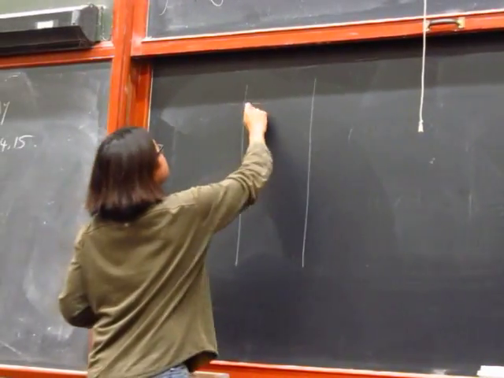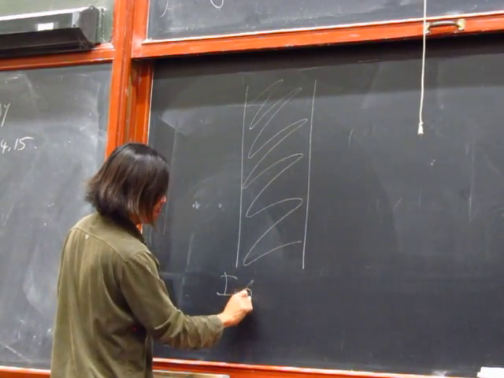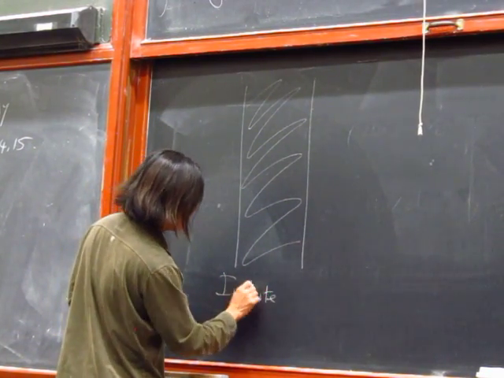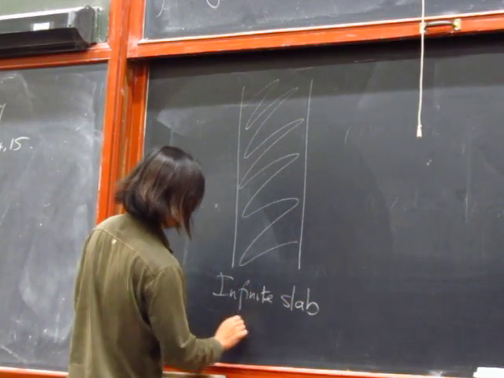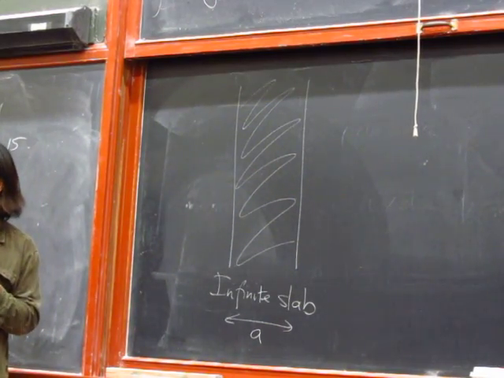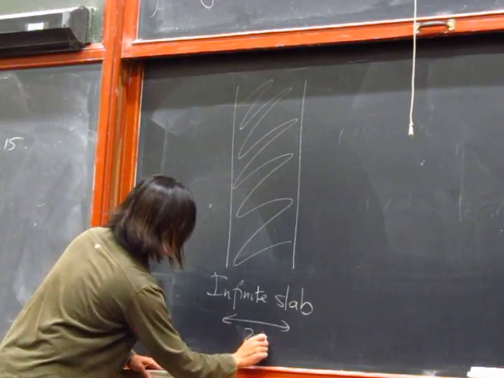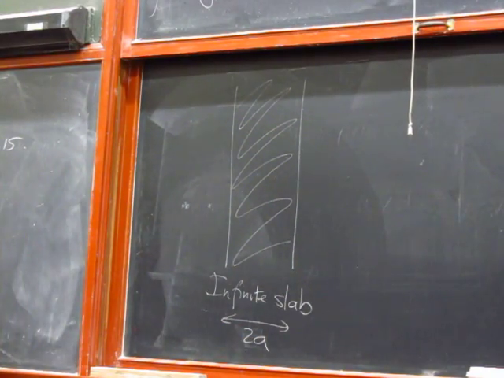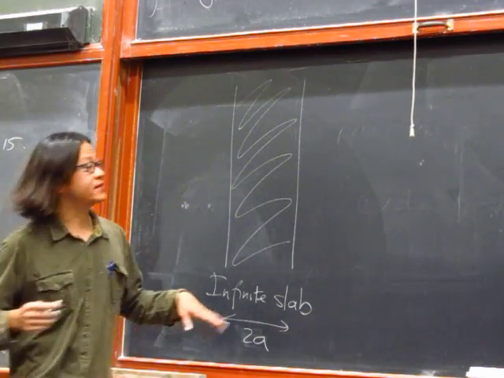So suppose I have an infinite slab of thickness, let's just make it simple, let's make it 2D. What is the electric field everywhere? Any guesses?